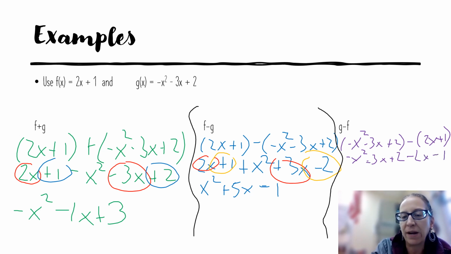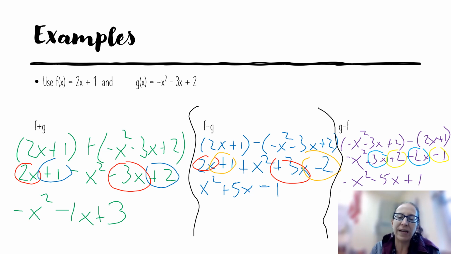And now we will combine our like terms. Once again, that x squared just doesn't have anybody to hang out with. Negative 3x minus 2x is negative 5x. And then we have 2 minus 1, which is 1.